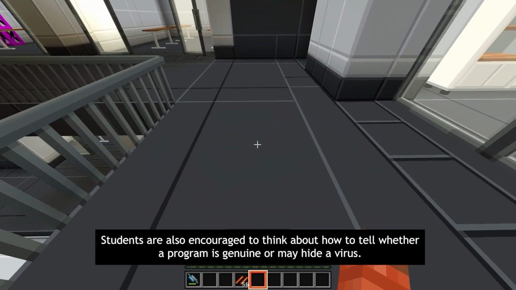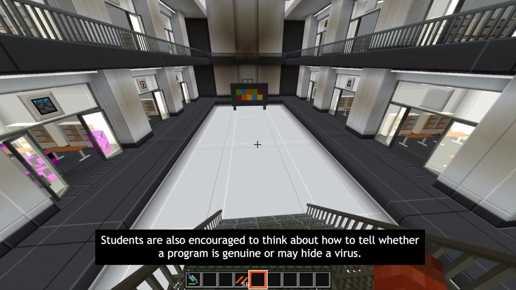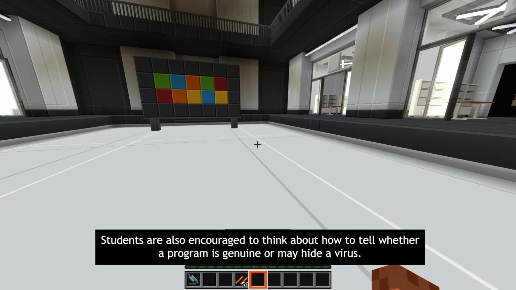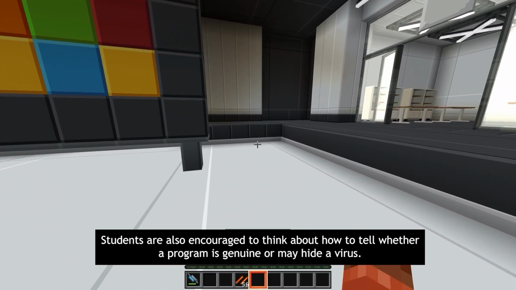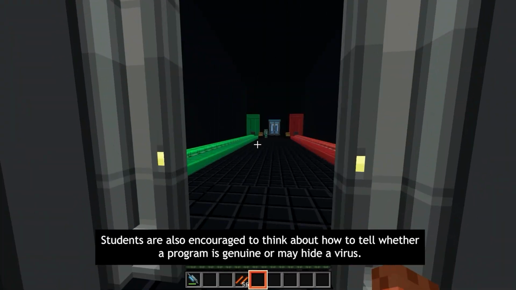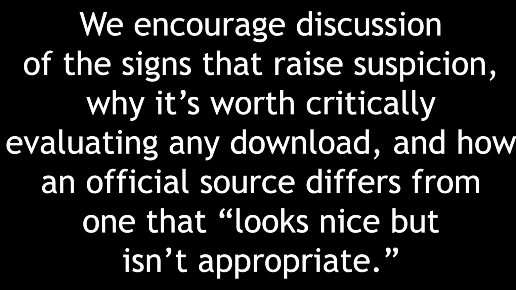Students are also encouraged to think about how to tell whether a program is genuine or may hide a virus. We encourage discussion of the signs that raise suspicion, why it's worth critically evaluating any download, and how an official source differs from one that looks nice but isn't appropriate.